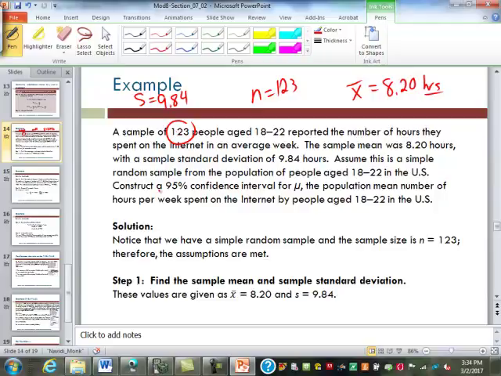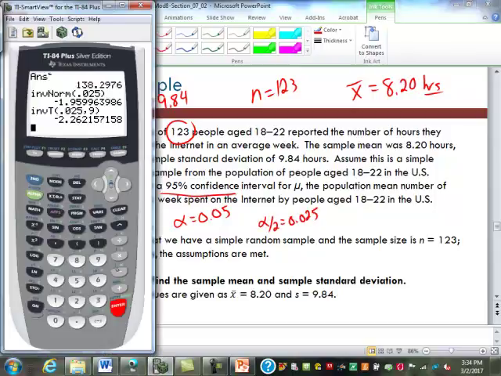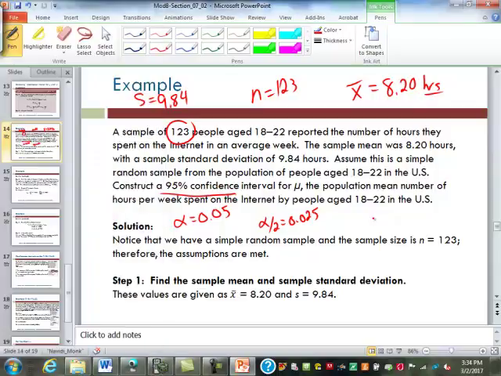So we want the 95% interval, so alpha equals 0.05, 100 minus 95 is 5%. So then alpha over 2 is 0.025. And we just found that on the calculator here, but we need a different number of degrees of freedom here, because that was 9 degrees of freedom. We need now how many degrees of freedom? 123 minus 1 is 122.